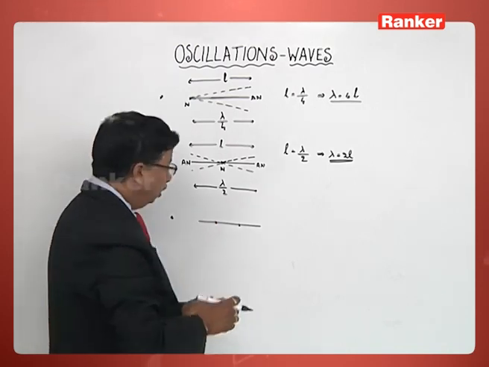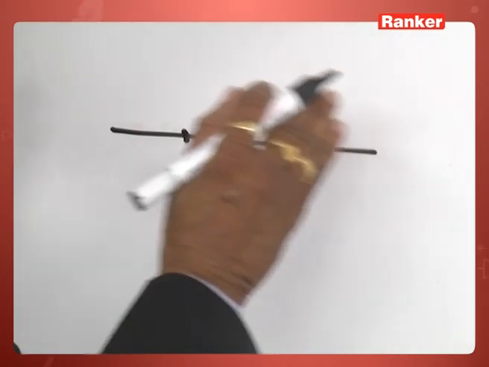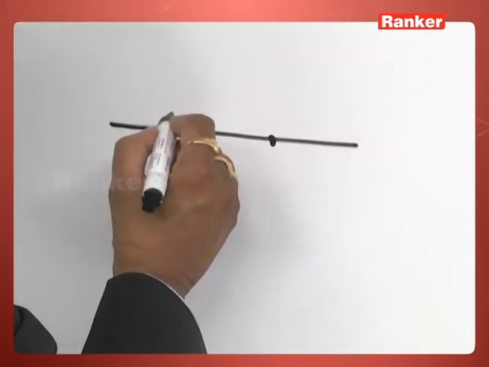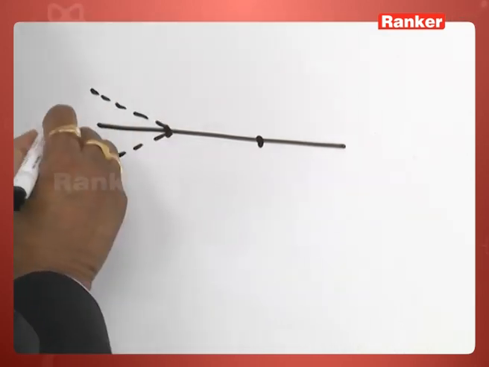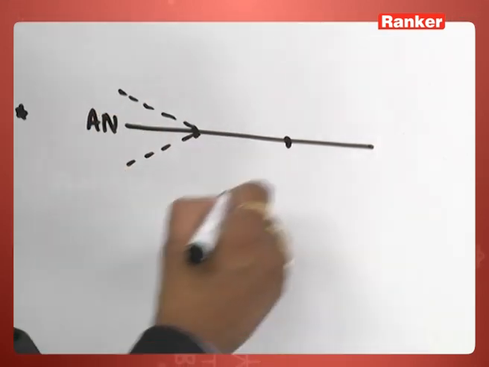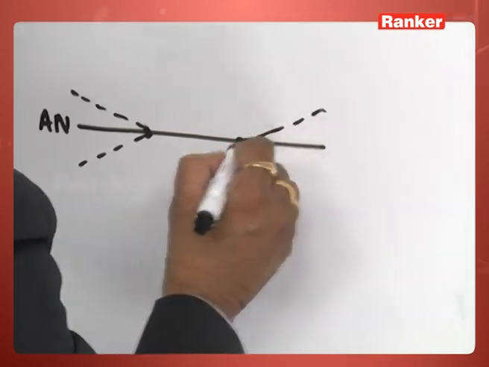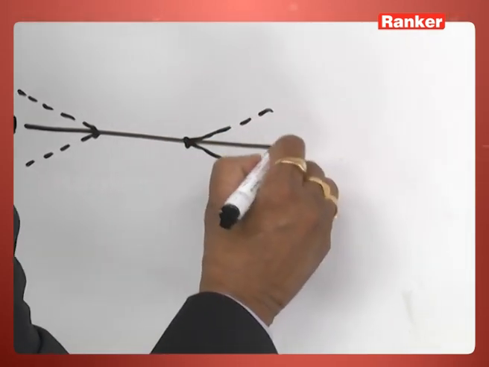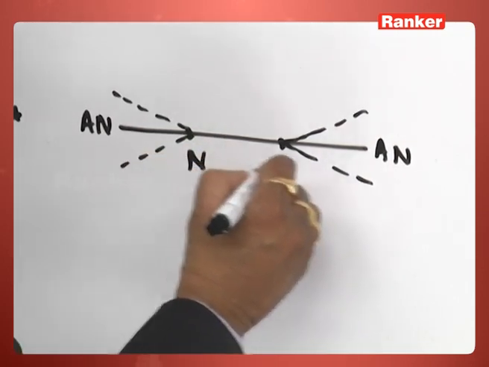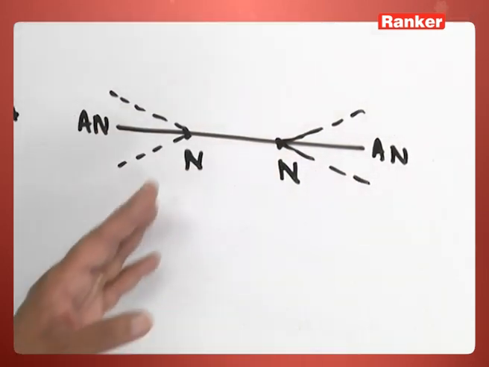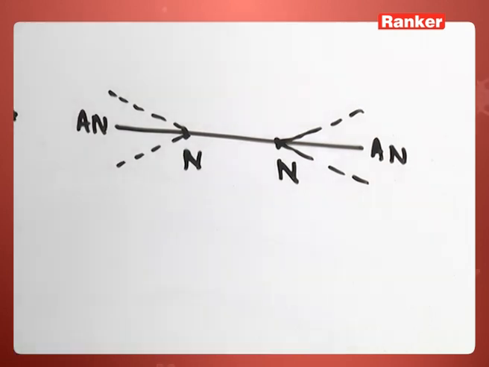Now, when I make this one vibrate, then surely at this free end we will be getting an antinode formation. At the other end also, which is free, another antinode will be formed over here, and one node is expected here and one node is expected here.